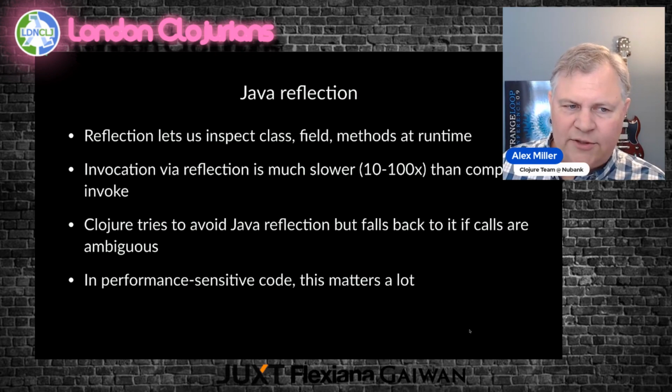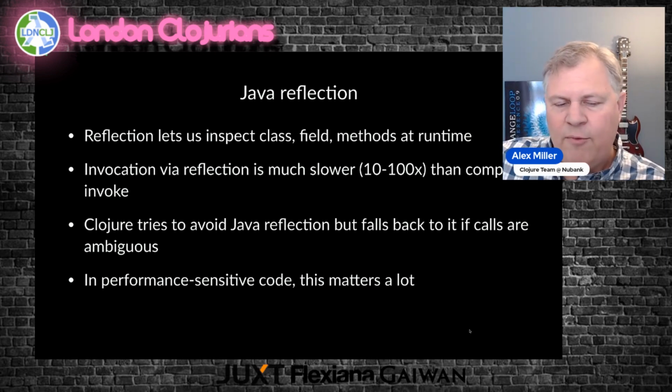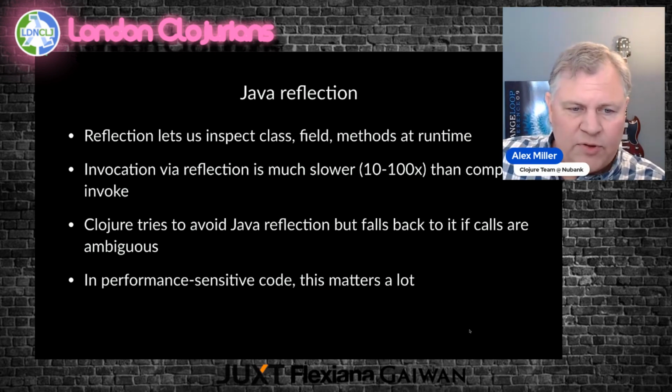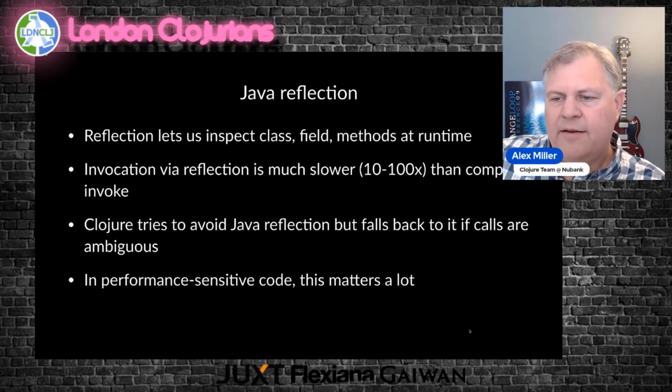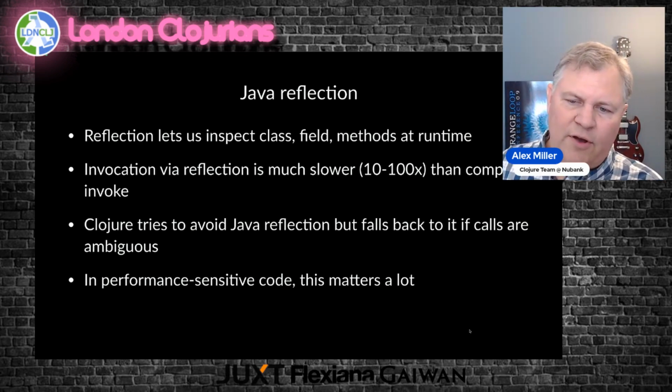I don't think that's actually improved the speed of it much yet, but maybe it will. So eventually, maybe it won't matter as much, but right now it does. So Clojure will try to avoid Java reflection if it knows enough information to do that. But it will fall back to runtime reflection if the calls are ambiguous.